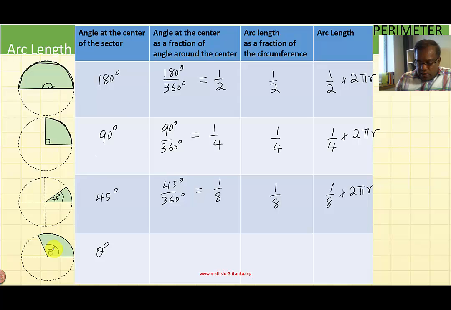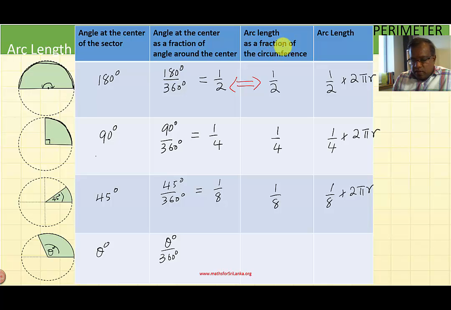Now if I have a general angle, so the angle at the center is theta in degrees, the angle at the center as a fraction of the angle around the center is theta over 360. If you carefully look at these two columns, they are going to be equal. The angle at the center as a fraction of the angle around the center is the same as the arc length as a fraction of the circumference.